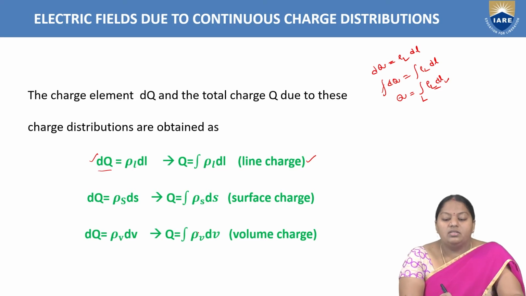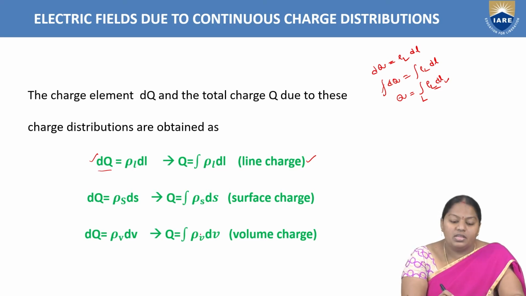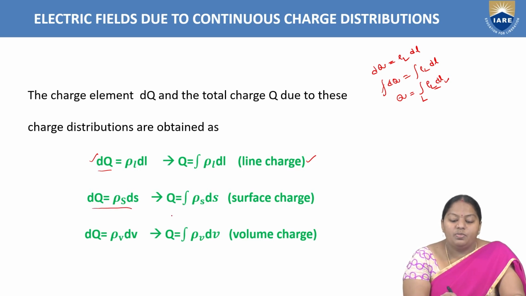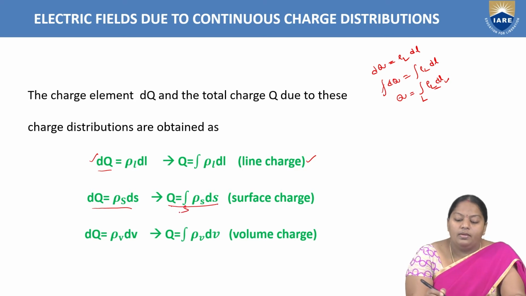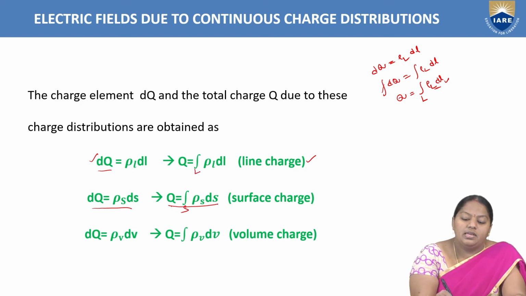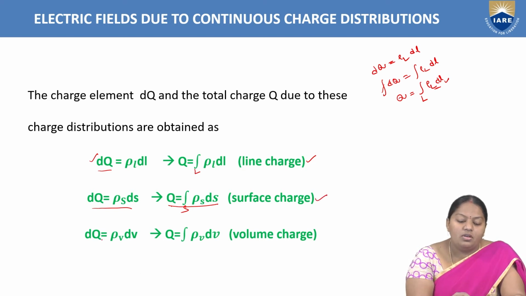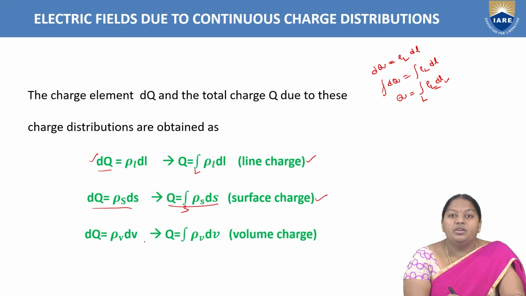The next continuous charge distribution is the surface. Hence dq equal to rho s into ds, and simplifying, q equal to integral over s of rho s ds. Previously it was for L; this is for surface charge. And for volume, dq equal to rho v into dv, from which q equal to integral over v of rho v dv.